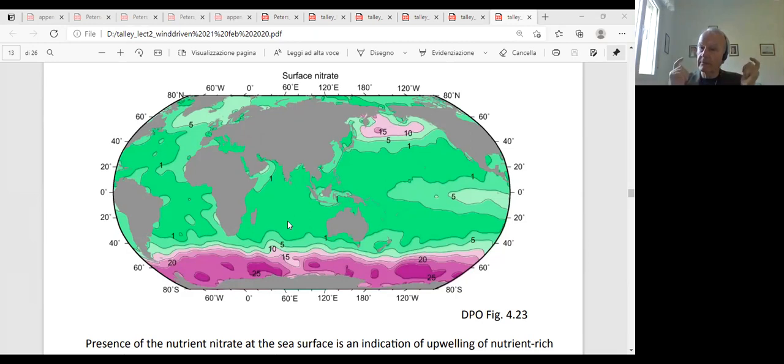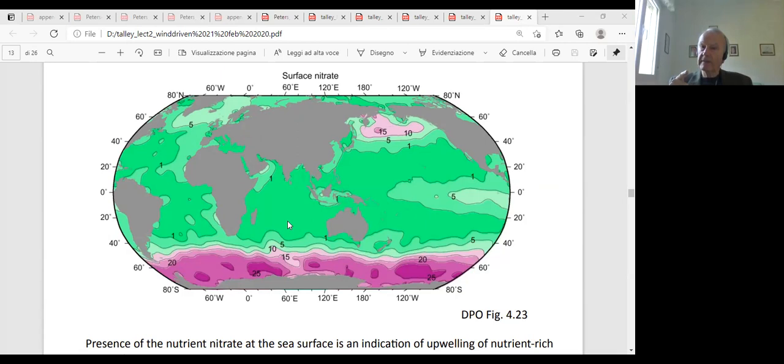Because all the phytoplankton which consumes the nutrients lives in the first 100-meter depth. Therefore, the first 100 meters of the ocean is very poor in nutrients, because the phytoplankton lives there and consumes them. If we have upwelling, then we bring the nutrient-rich water into the surface layer.